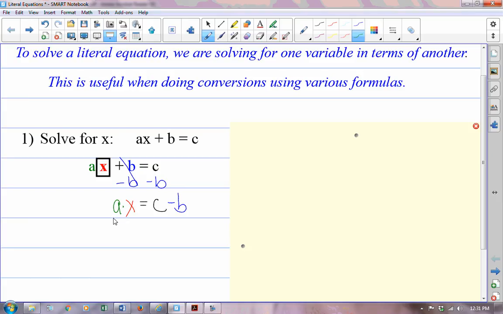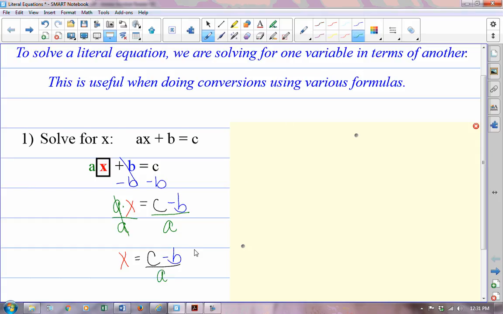So we need to get rid of multiplication with division. And the a's are gone, and now we have solved for x. We have isolated x. It's all by itself. C minus b all over a.